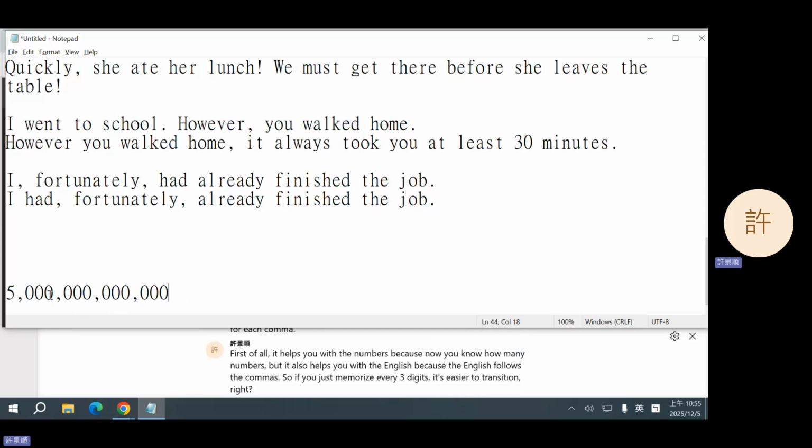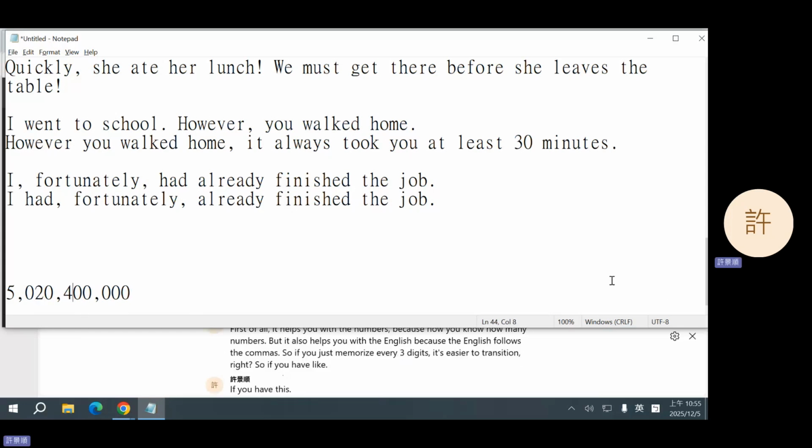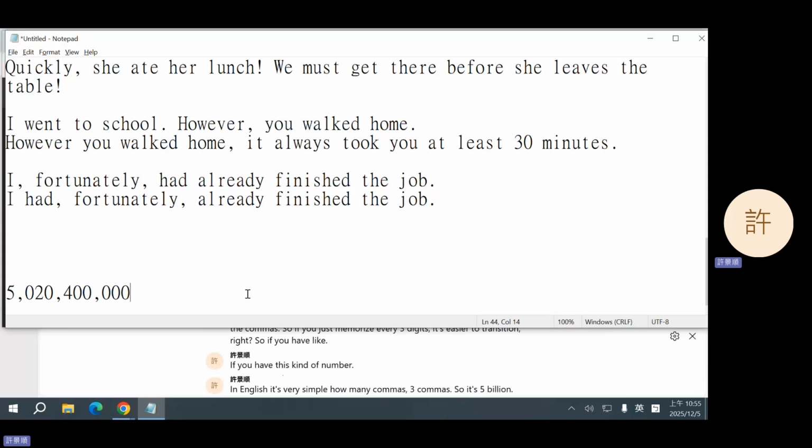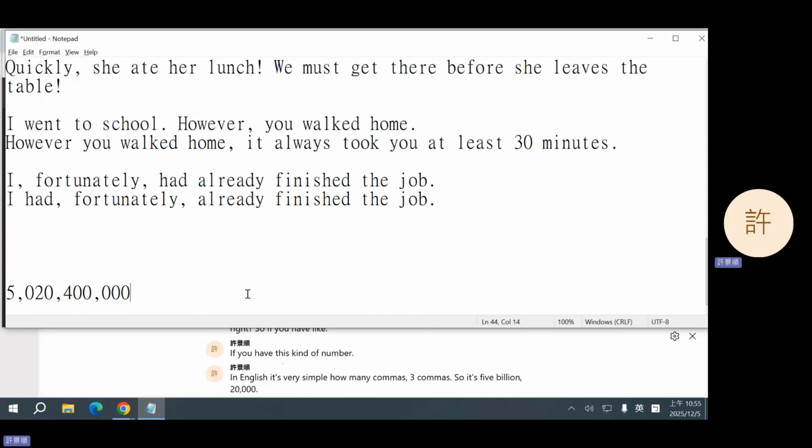So if you have this kind of number, in English, it's very simple. How many commas? 3 commas. So it's 20,400,000, right? You change words for every comma.